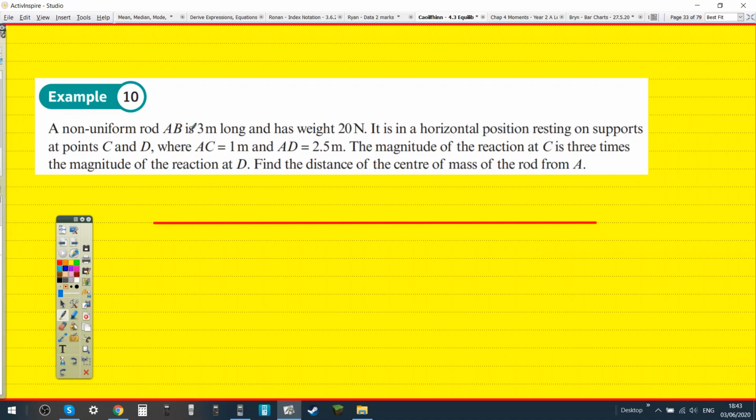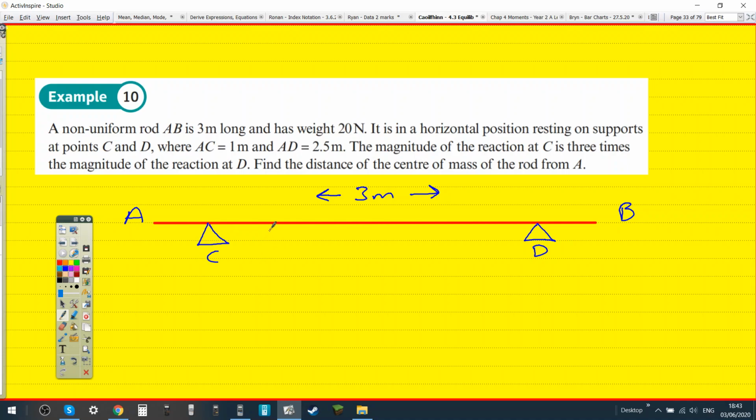So the rod is 3 meters long and the force down is 20. I think it's something like that. Yeah, the magnitude of the reaction at C is 3 times the magnitude at D.